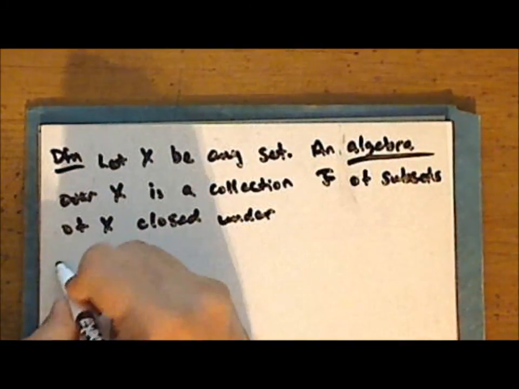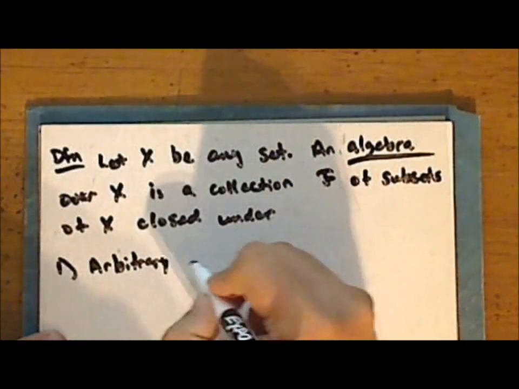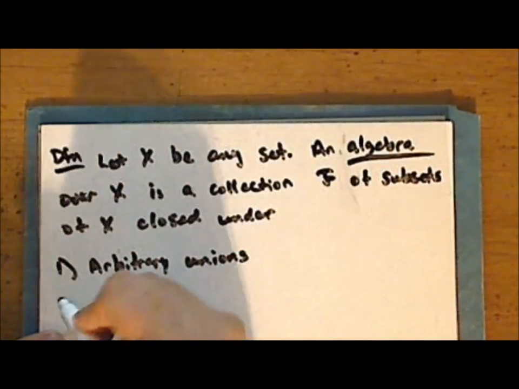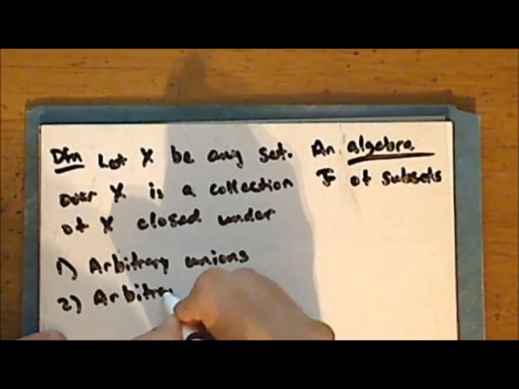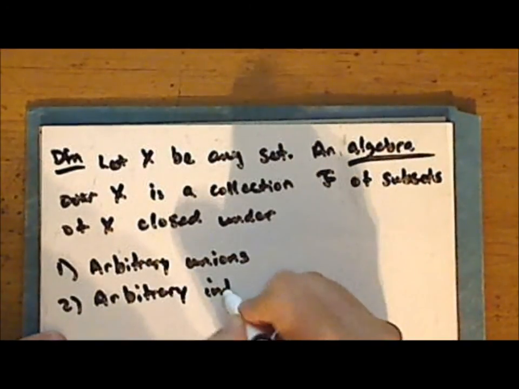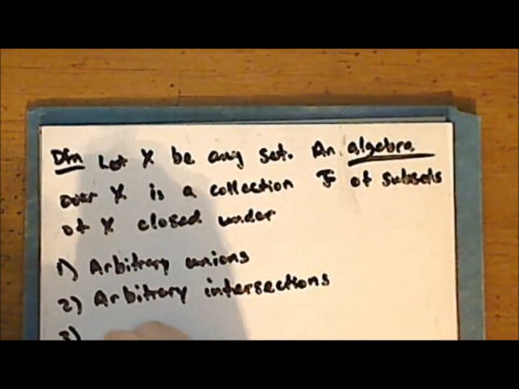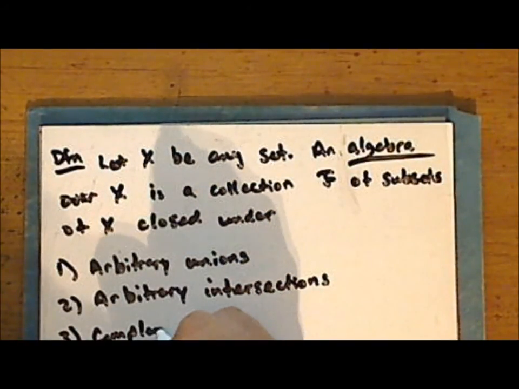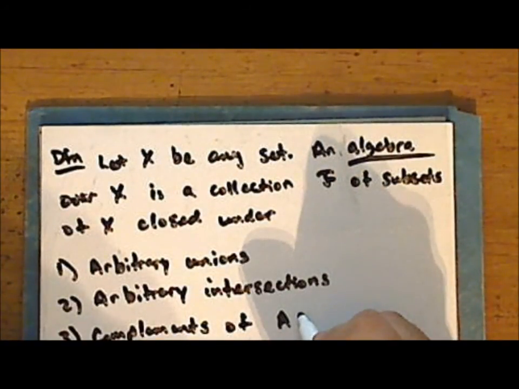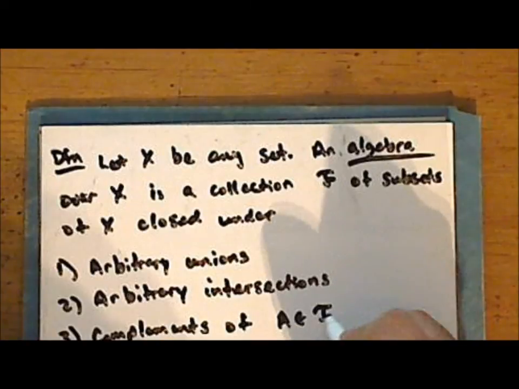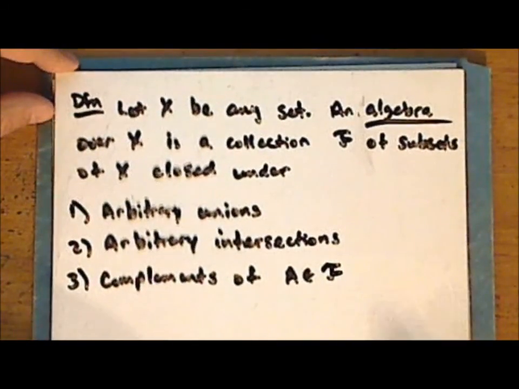under arbitrary unions, arbitrary intersections, and complements of all subsets in the collection F. Now, what do we mean by closed under these operations?